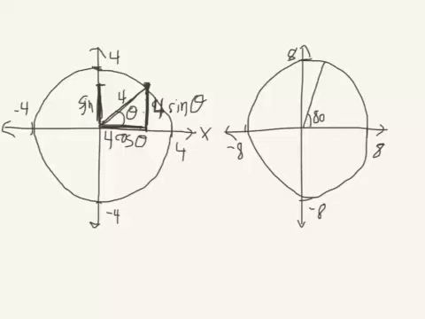Here's another example. Say we have a circle with a radius of 8, and we want to figure out the x and y coordinates at this point on the circle where there's an angle of 80 degrees. So theta is 80 here. And we want to know what are the x and y values of this point.